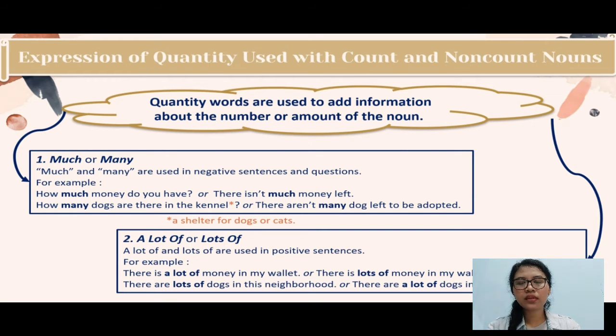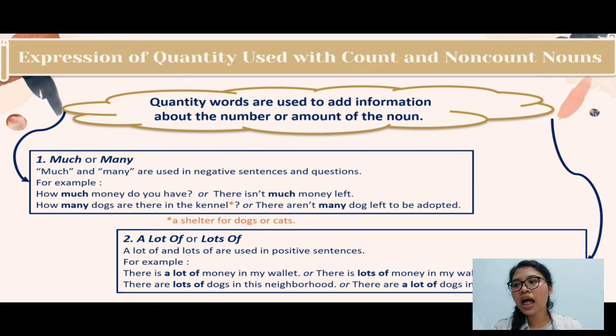And then the second one is about a lot of or lots of. They can be used with both count and non-count nouns. A lot of and lots of are used in positive sentences, or we can say affirmative sentences.